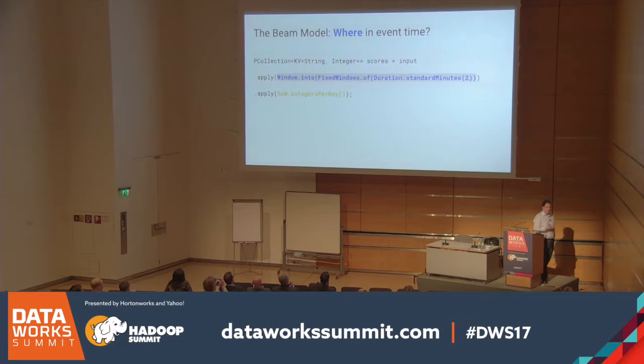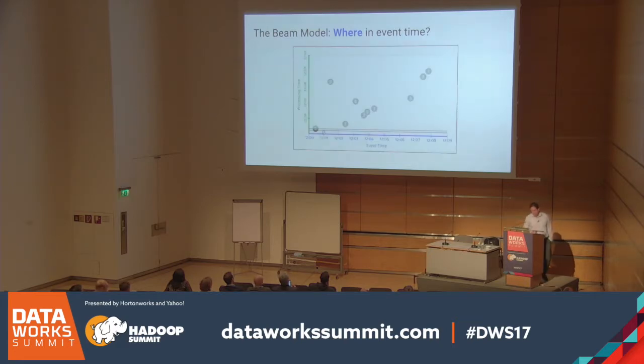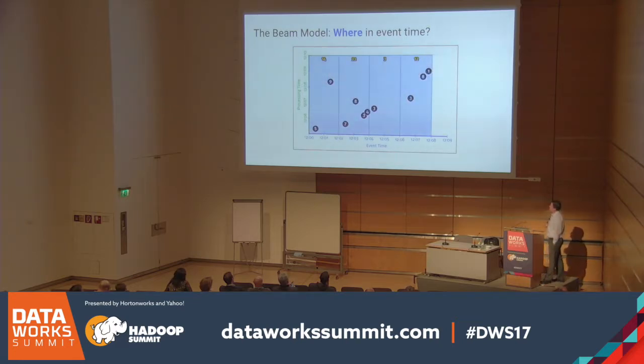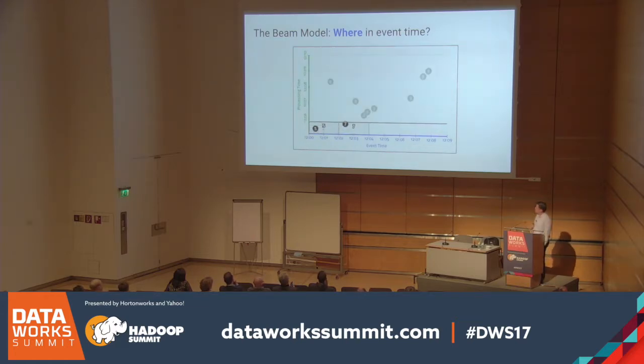And by doing so, our business logic does not change, irrespective of how simple or how complex it may be. Now let's see what that does to the same example that we did before. So instead of producing one result, we are going to produce 4 results for 4 distinct chunks of event time. So instead of having one sum that is 51, we have 14, 22, 3, and 12.